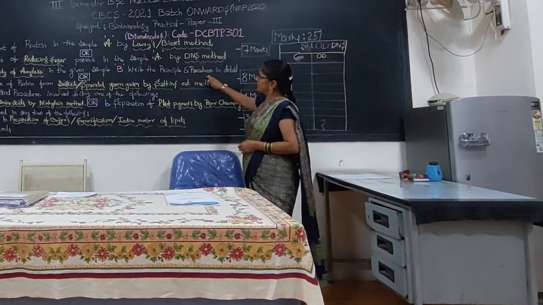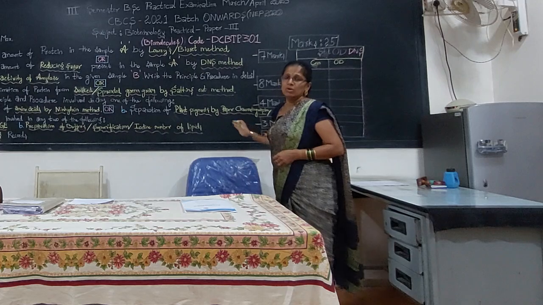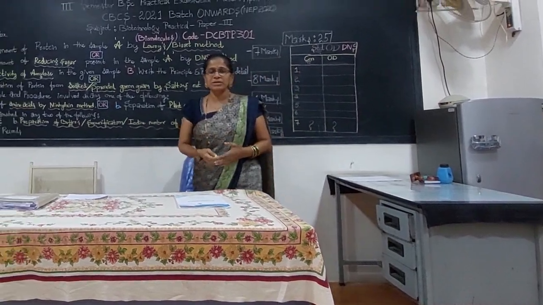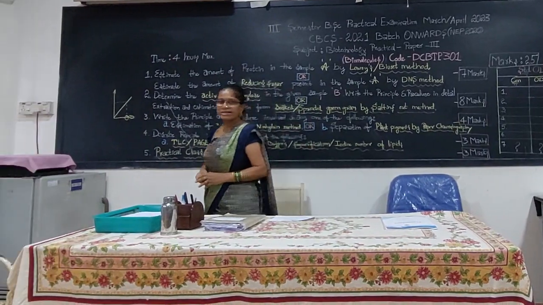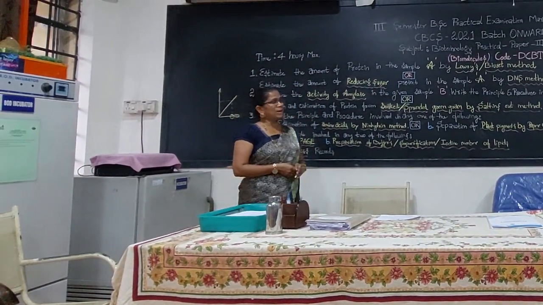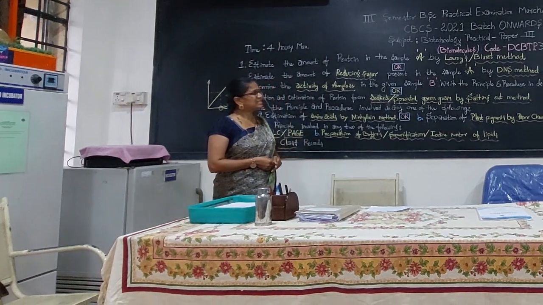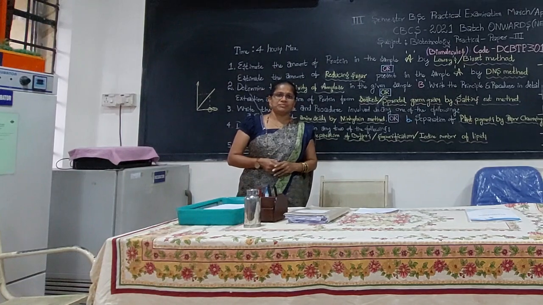For example, they may give the same OD for amylase and for DNS. By using that particular OD, you can plot the unknown concentration. I hope you understood this practical scheme of Biomolecules, code BCU.25 301, for Biotechnology Paper 3. Thank you everyone.